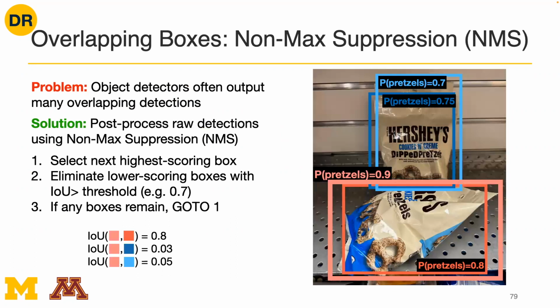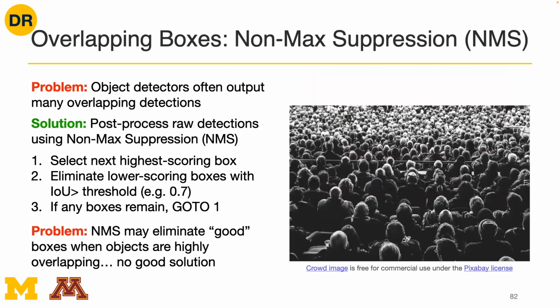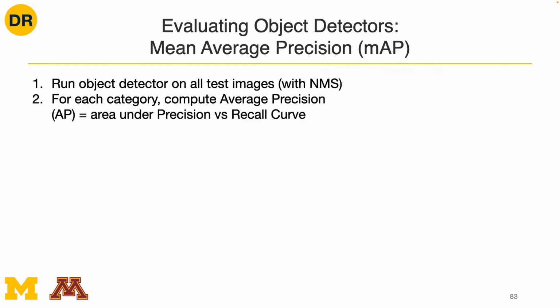Okay, so we saw non-maxima suppression that eliminates multiple overlapping bounding boxes. Now let us look at how to evaluate object detectors. So let's say you have trained the RCNN, and now you're looking at a bunch of test images, which go through the network.